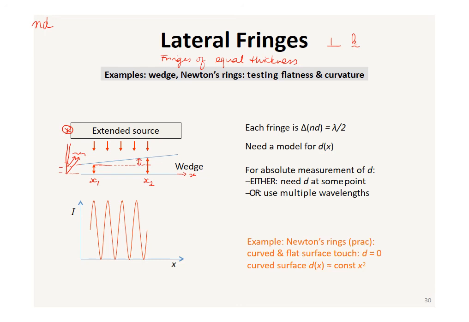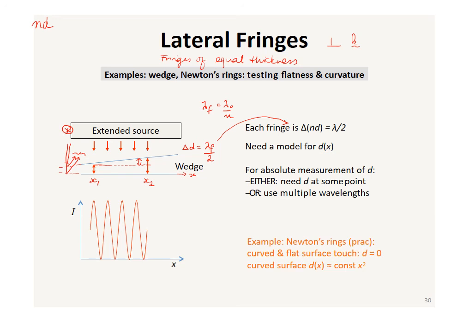That change in thickness, delta d, has to be equal to the wavelength in the material divided by 2. And because the wavelength in the material is equal to the wavelength in vacuum divided by the refractive index, we can re-express this as the adjacent fringes corresponding to a change in optical thickness, nd, equal to the wavelength in free space divided by 2.